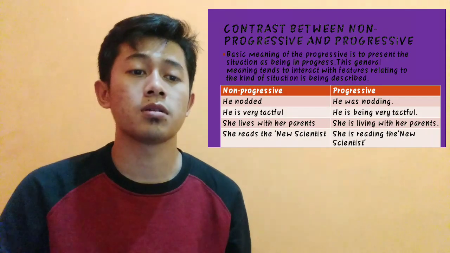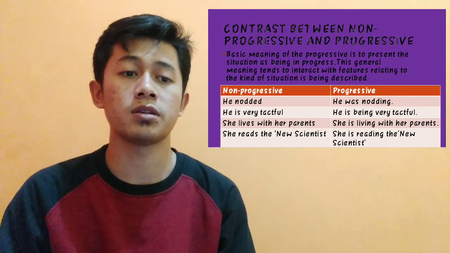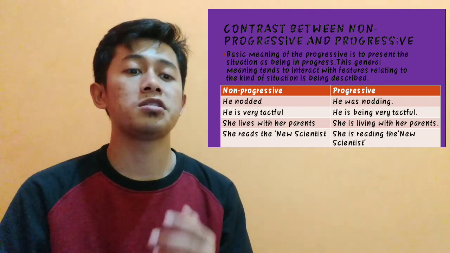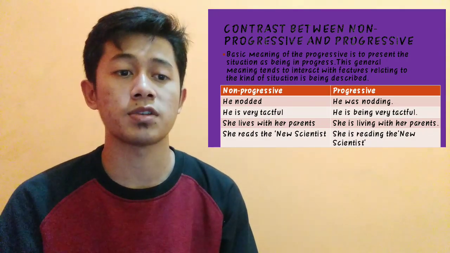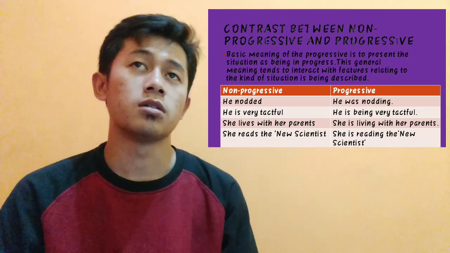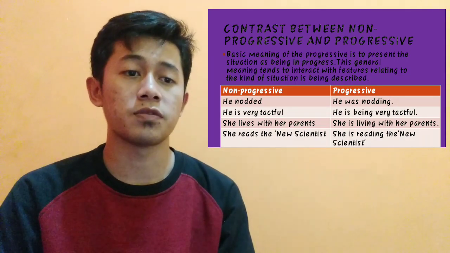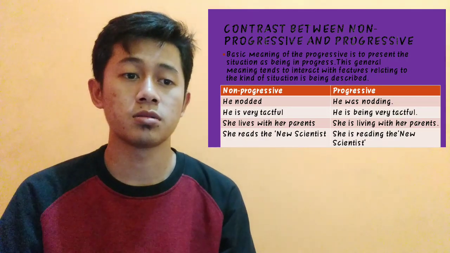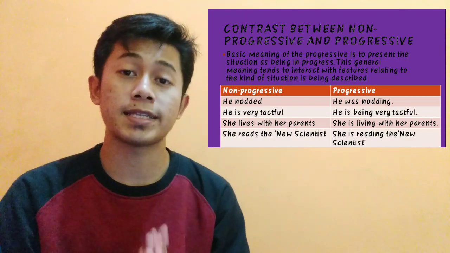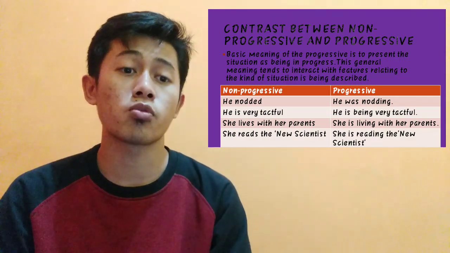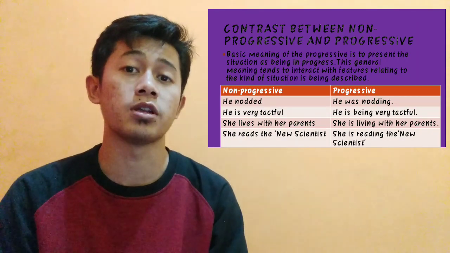The basic meaning of the progressive is to present the situation as being in progress. This general meaning tends to interact with features relating to the kind of situation being described. Okay, in progress. For example, the first is non-progressive, he nodded, and the progressive is he was nodding.